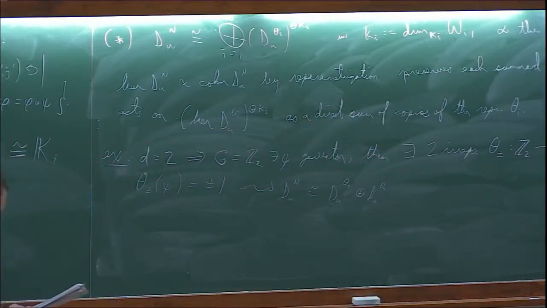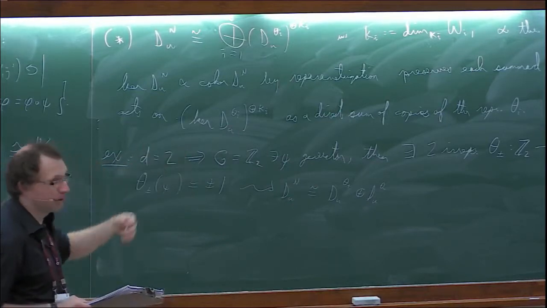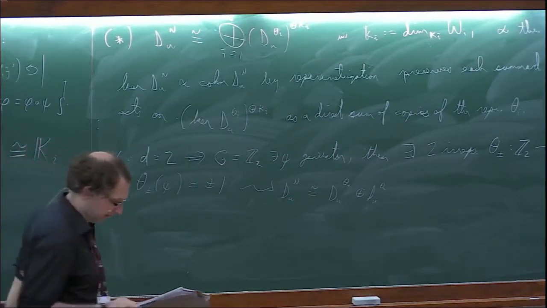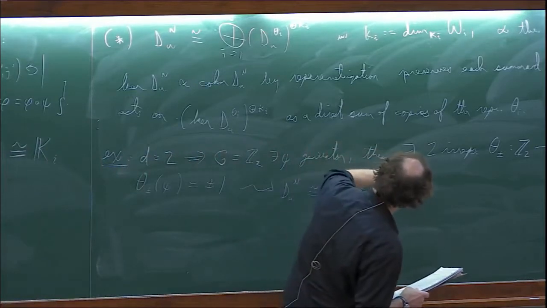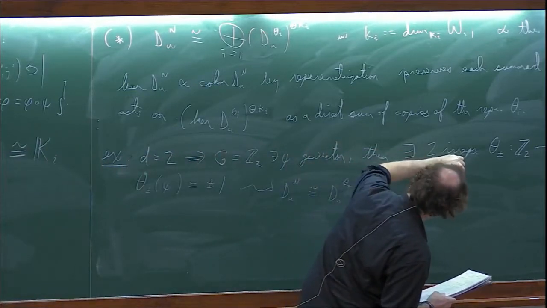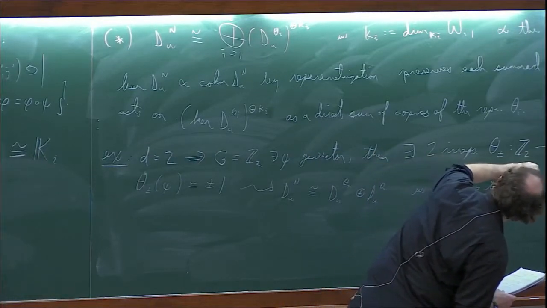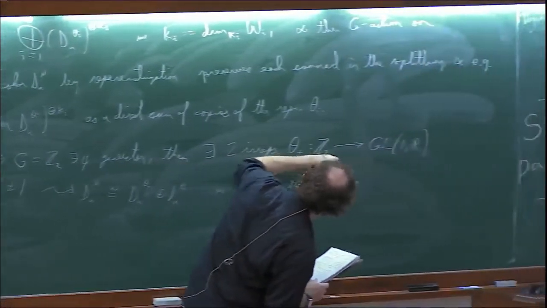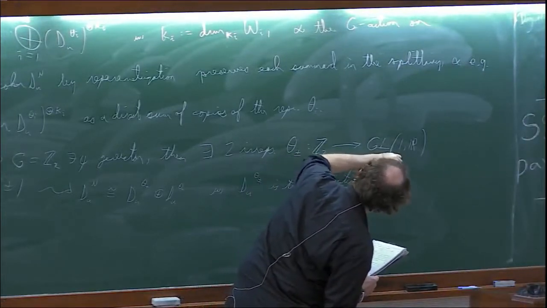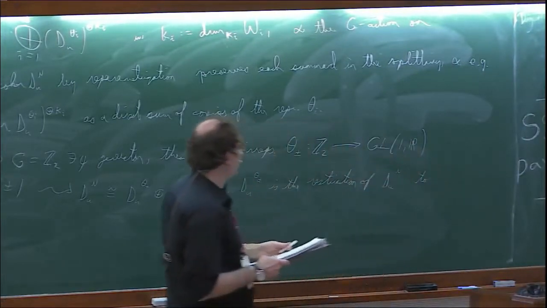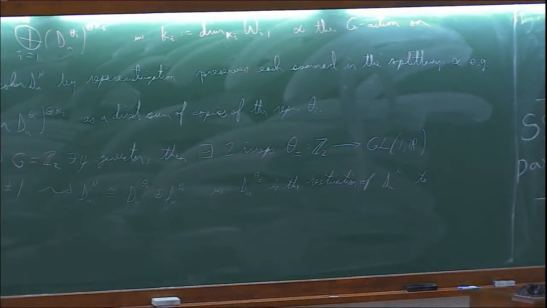So we can actually say much more concretely what this splitting is. du theta plus minus is the restriction of dun to the subspace gamma plus minus of the normal bundle, which is defined as the space of either symmetric or anti-symmetric sections.